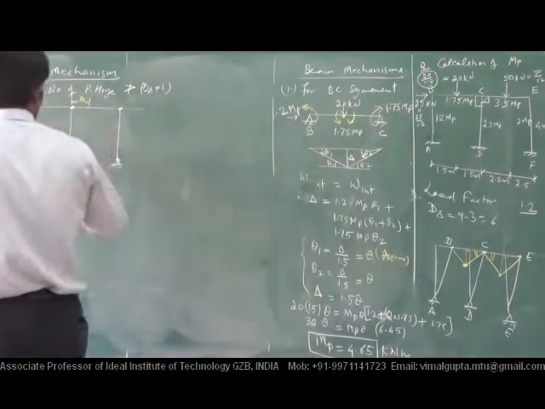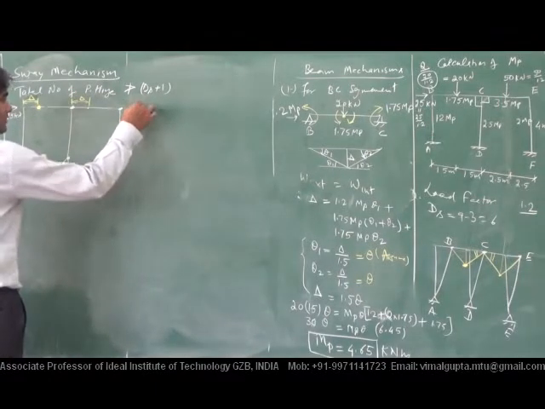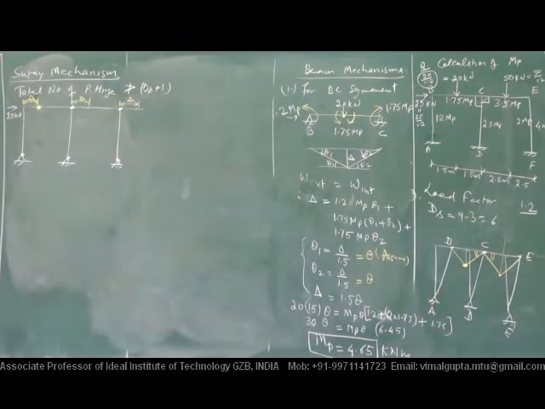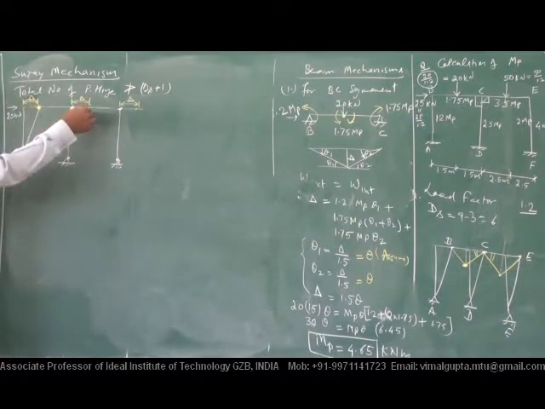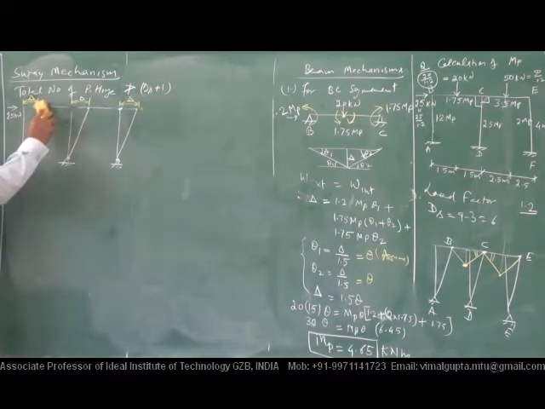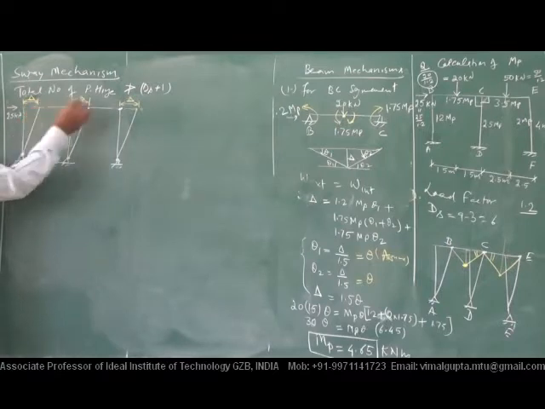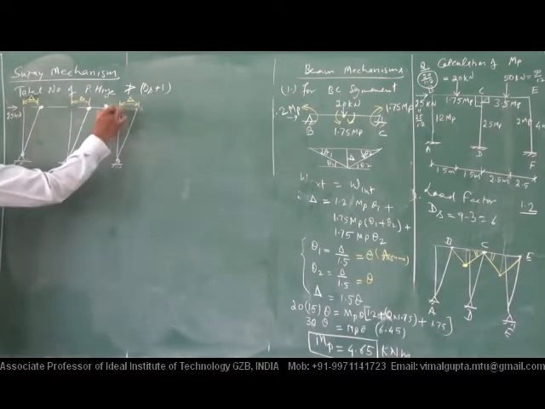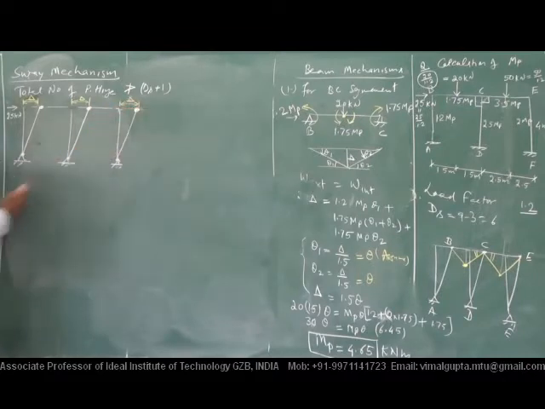Therefore this displacement and that displacement must have the same value delta. So the deflected shape will have this, and here the number of plastic hinges, this one and this one, these are the plastic hinges.